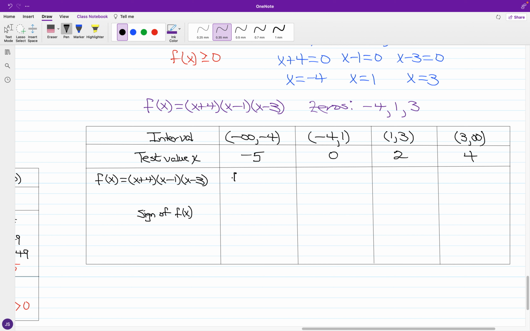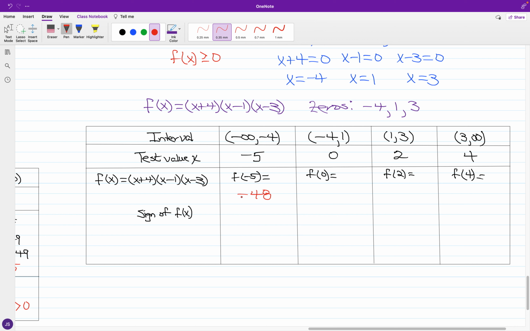Now looking at the function values, for f of -5, f of 0, f of 2, and f of 4, and just going ahead and getting to the output. For -5, if I plugged in -5 for x throughout, -5 plus 4, -5 minus 1, and -5 minus 3, the product is going to result as a -48.